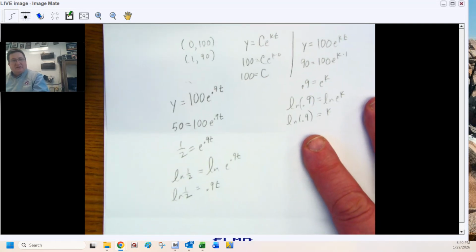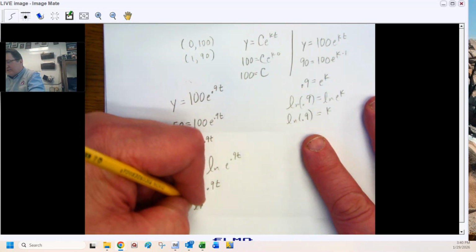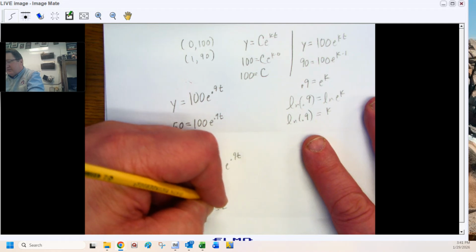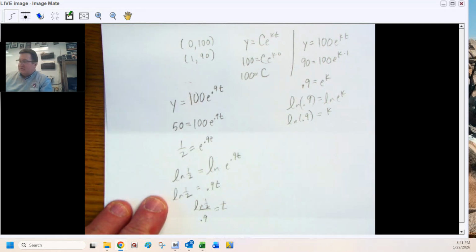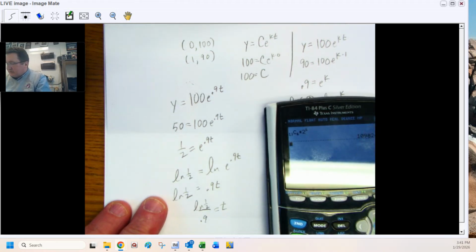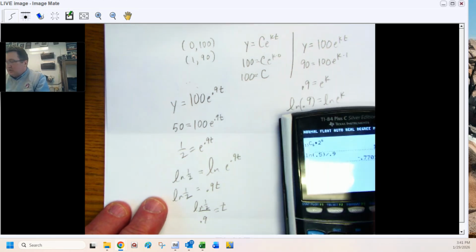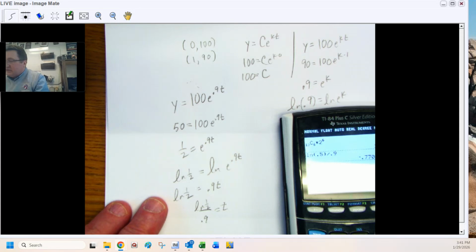So then we take ln half divided by 0.9, and that should give us our answer. Let's see if we get one of those choices. ln 0.5 divided by 0.9. And we get this negative number. So that means that Coach DeNeve did something wrong.